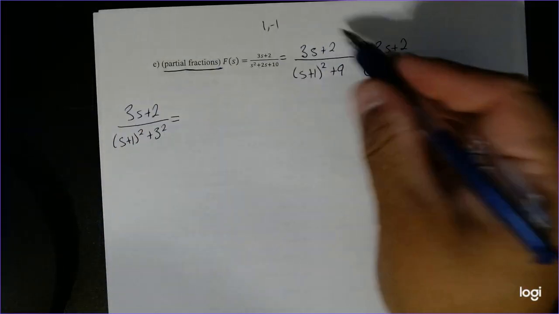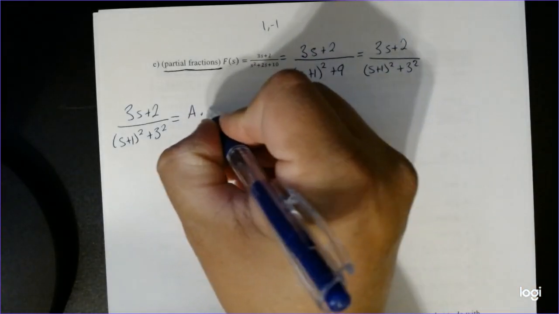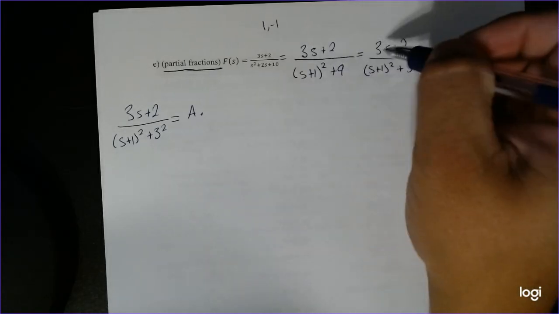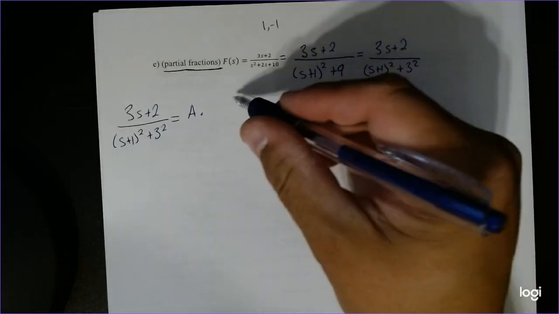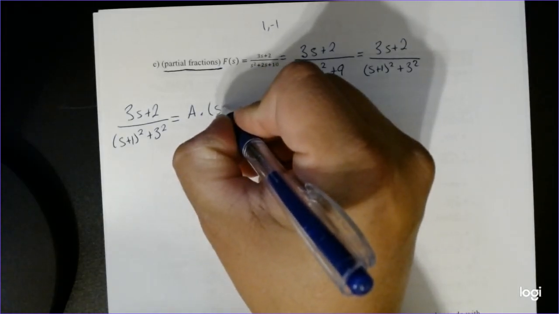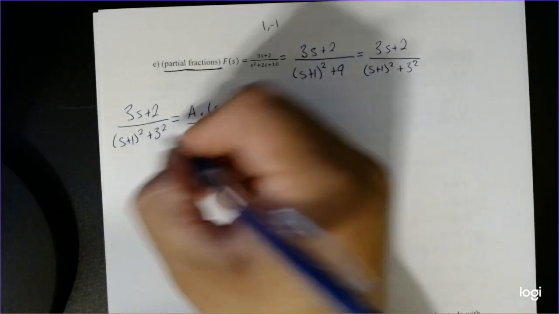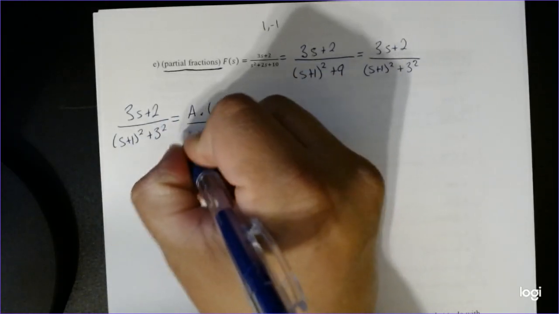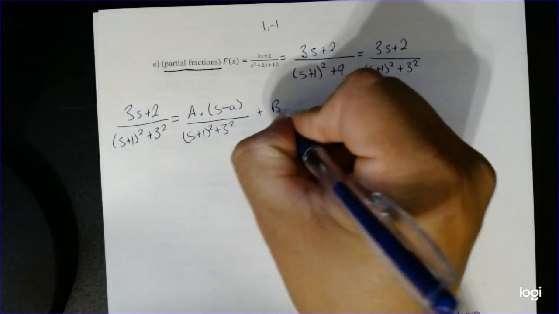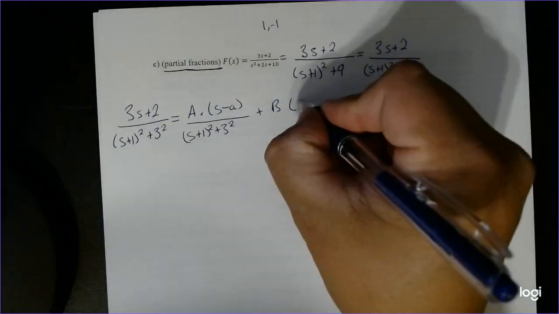So partial fractions is going to be a times, and let's say this one, first part has to be s minus a, I'll just put that s minus a all over the same process, plus b times the other part, which is just a b term.